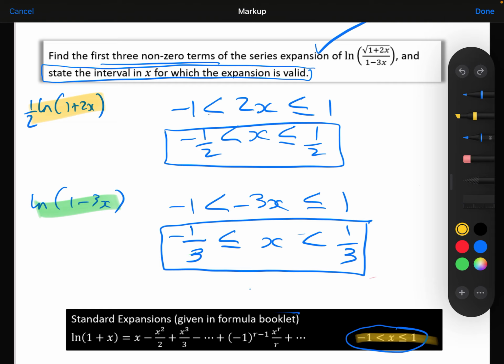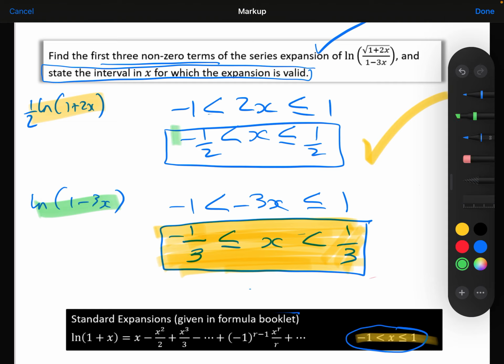So obviously for the overall answer to be valid, I need to choose the more restrictive of the two restrictions. Because if this yellow box is true, if x is between minus 1/3 and plus 1/3, then this is also going to be true. So both of the expansions would be valid.